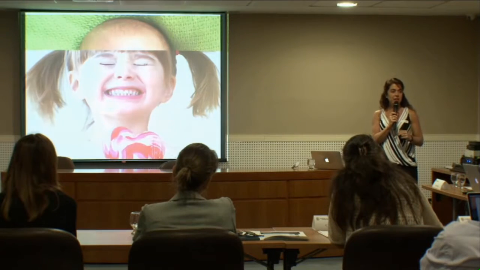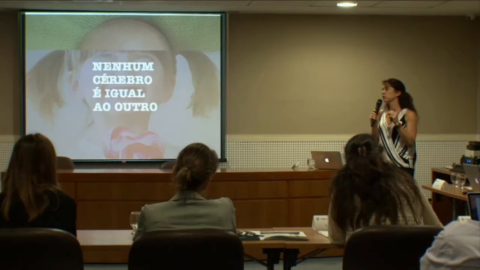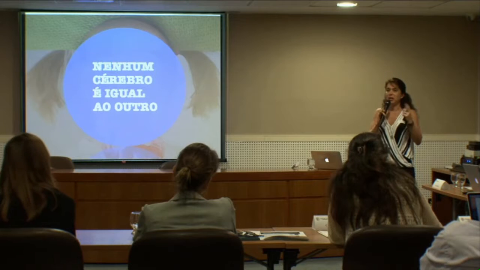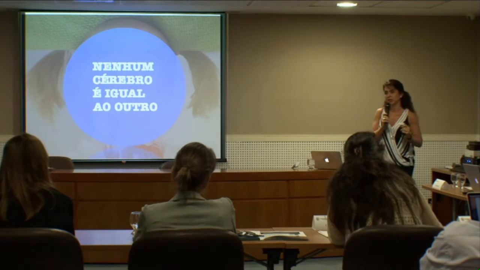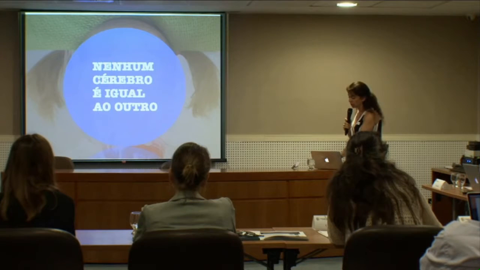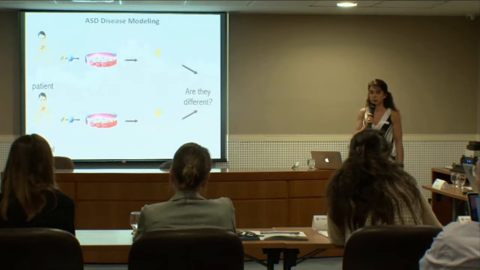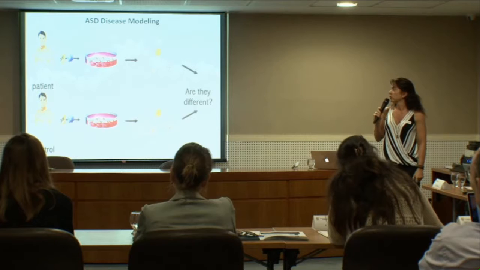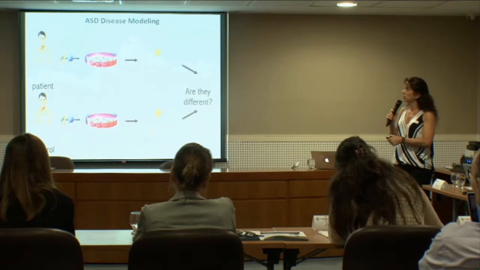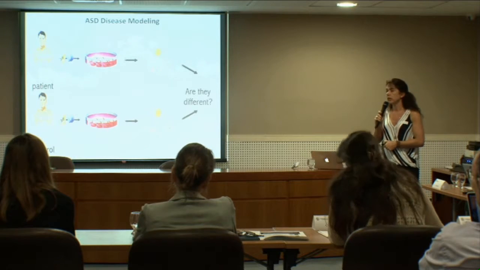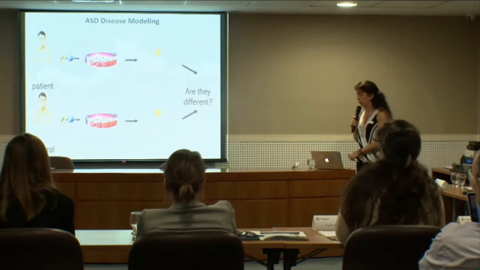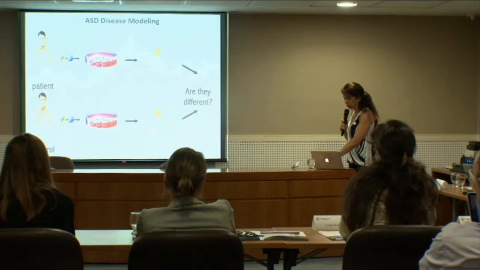The genetics is unique. If you consider that you have a black box, it's important to keep this black box in your dish. That's why we use iPS cells to model autism. We just use patients and also controls, model them, and compare to see which are the differences or what we have in common.